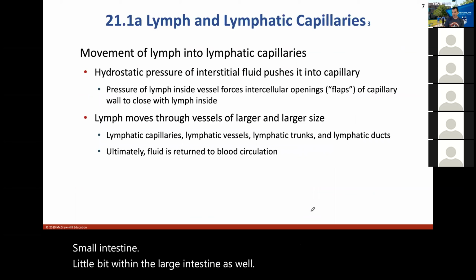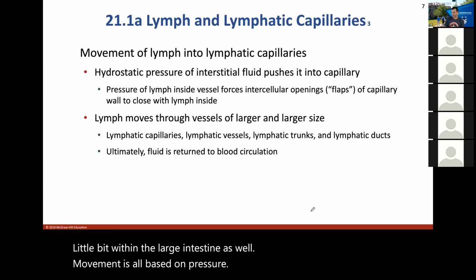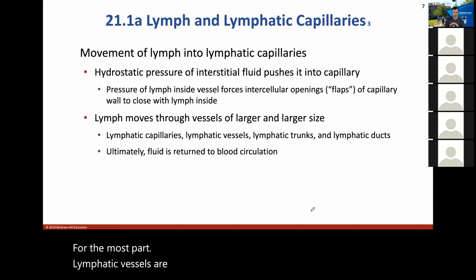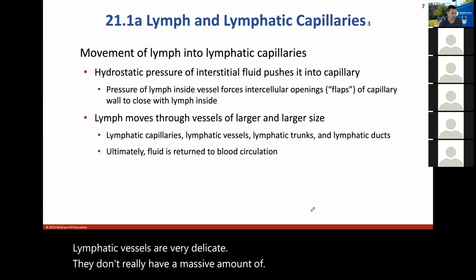Movement is all based on pressure. For the most part, lymphatic vessels are very delicate. They don't really have a massive amount of tunica media associated with them at all.